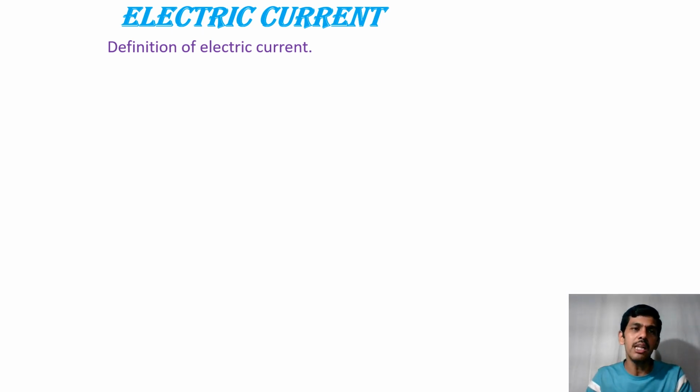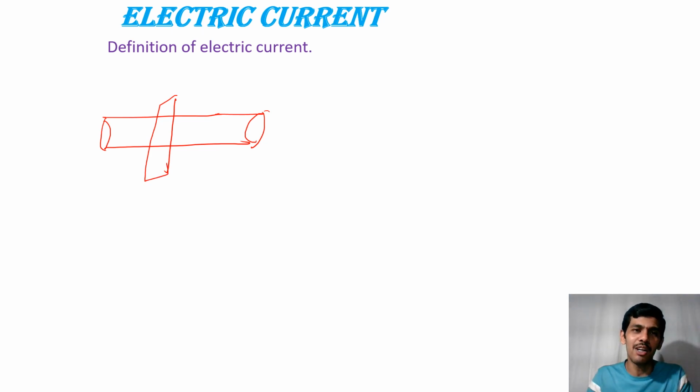Say for example, if you consider a circuit, or I will consider only a wire, a copper wire. And I have kept a person here to look after that particular wire, continuously counting the number of electrons or charges flowing in this wire.